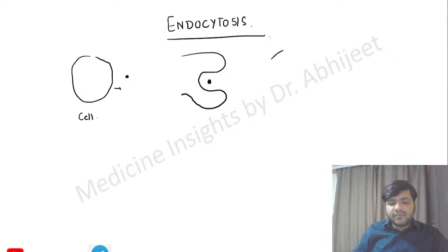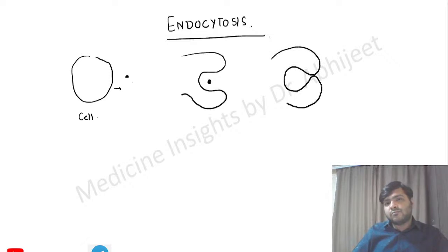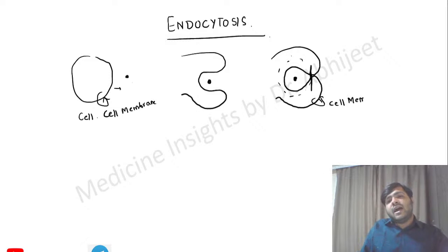Now, what will happen? The cell will engulf the substance, and this part of the membrane will cut from the original part. This is the cell membrane, right, guys? The cell membrane will engulf it, and after engulfing, it will detach from the plasma membrane and form a vesicle kind of a thing.